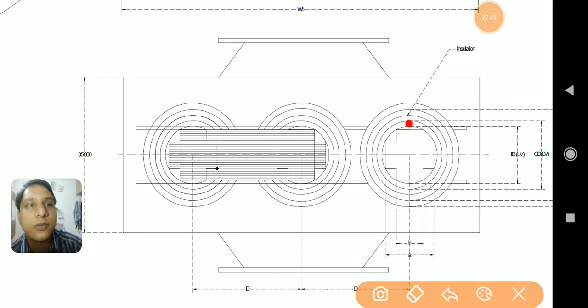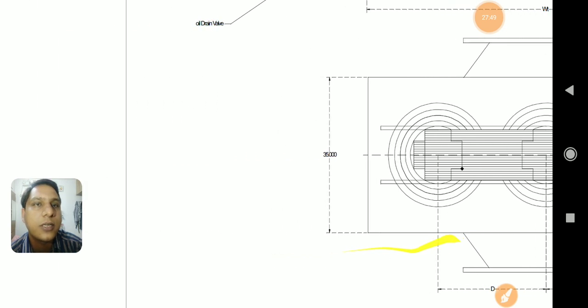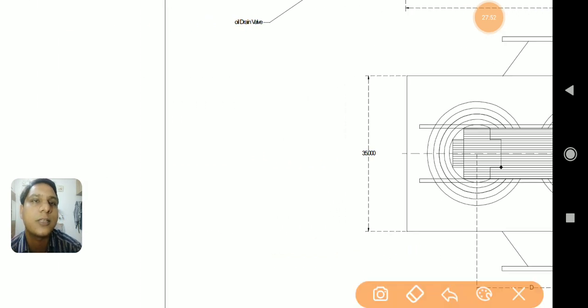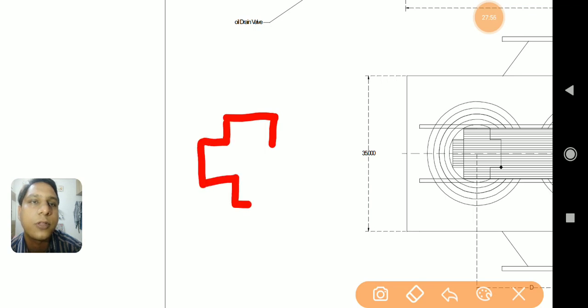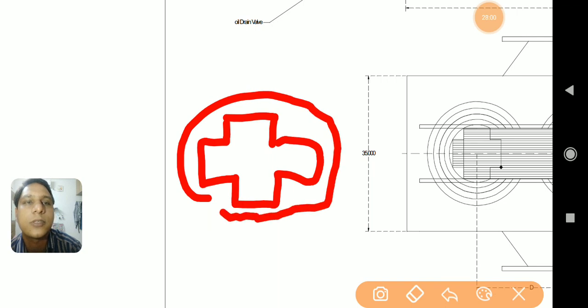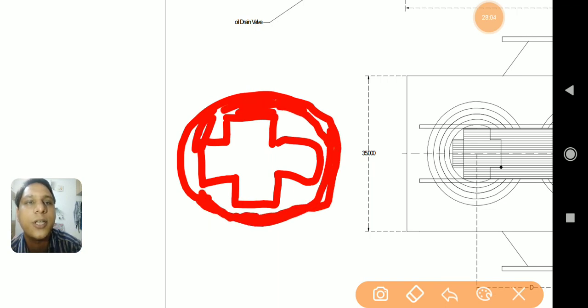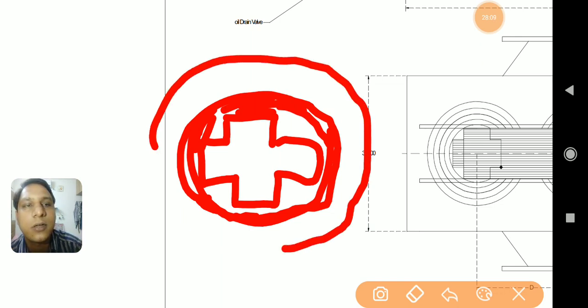After the circumscribing circle, there is the insulation which is present over the core. If you want to understand this diagram better, the representation is first of all the cruciform core, then the circumscribing circle which is touching each corner. Actually, it has to touch each corner here. Then after the circumscribing circle, there is another circle.